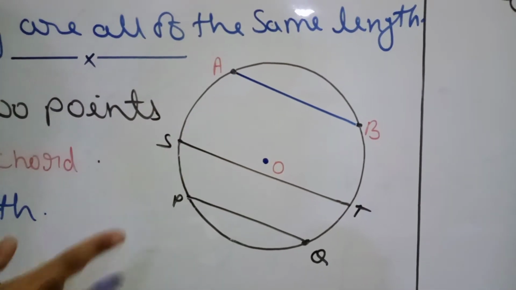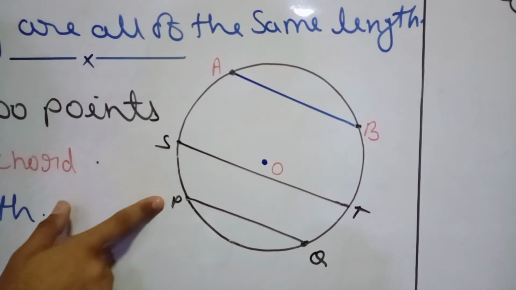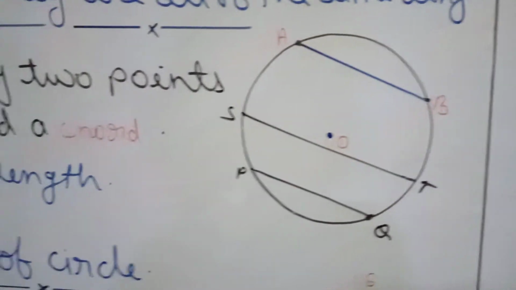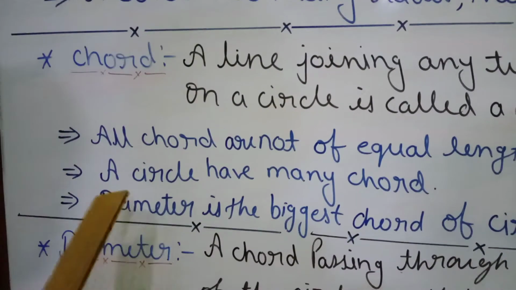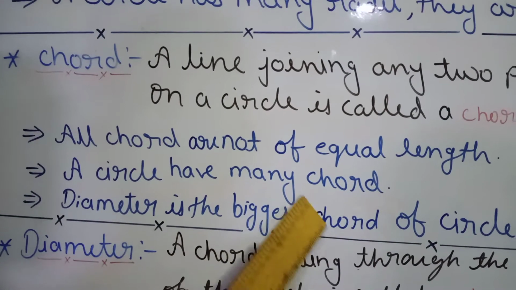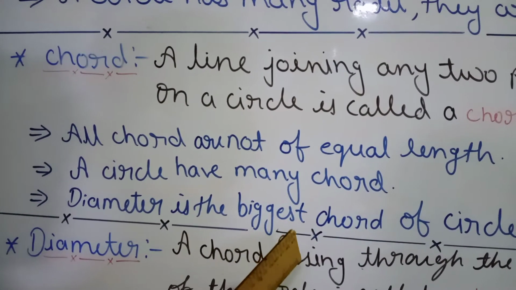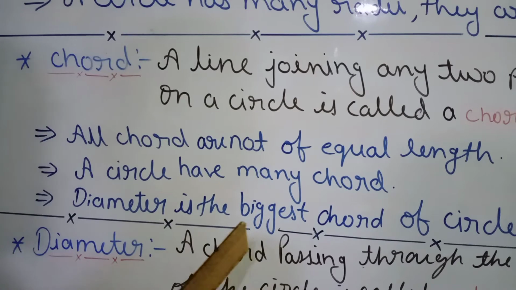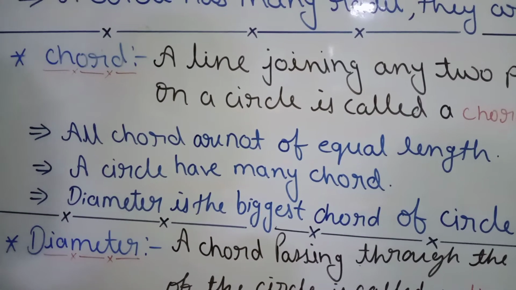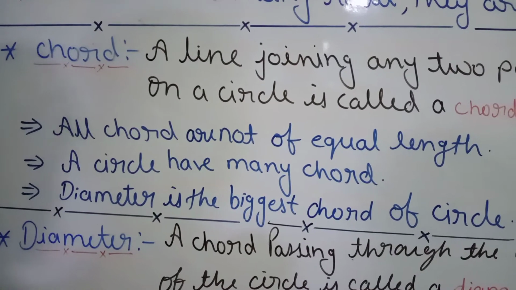So the length of each and every chord of a circle is not the same. They are of various lengths. A circle has many chords. As I drew three in this circle, we can draw various chords, but each and every chord has its own unequal length.